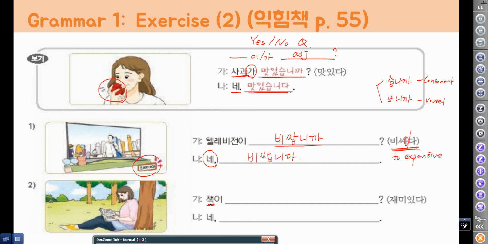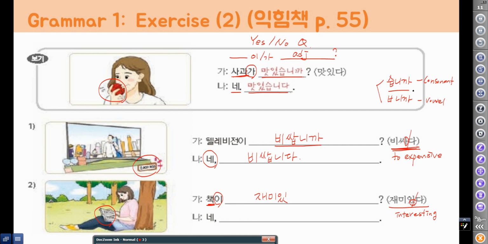Number two. 책이, book, right? 책이 재미있다. What's that word? 재미있다? Interesting. So is the book interesting? 책이 재미있다? 재미있 ends in consonant.